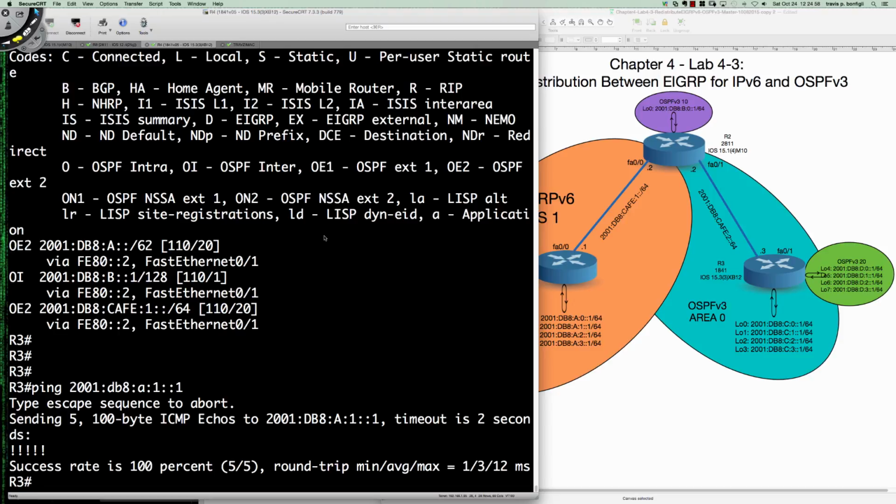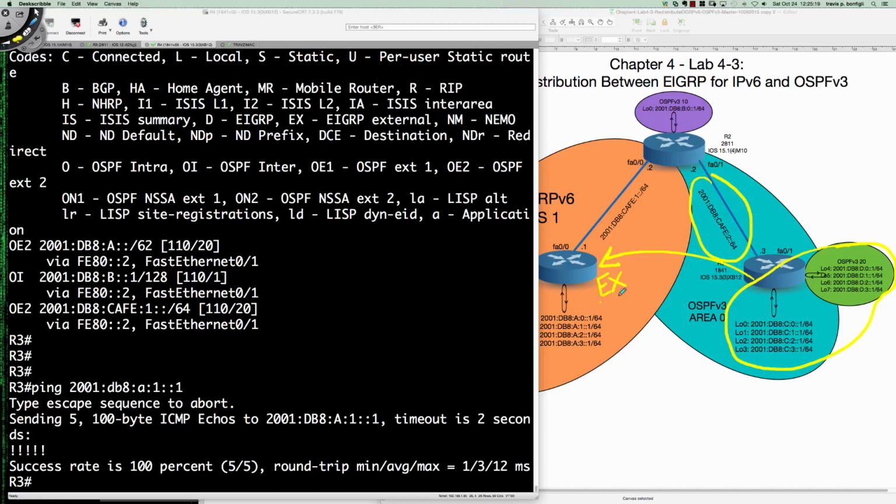And now it works because on the other side, router 1 knows how to get back to router 3 because we included that connected transit network here, and all of this routing information is now being communicated over here as external EIGRP routes.